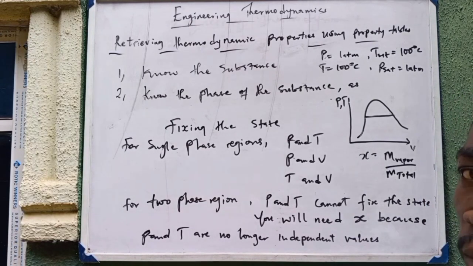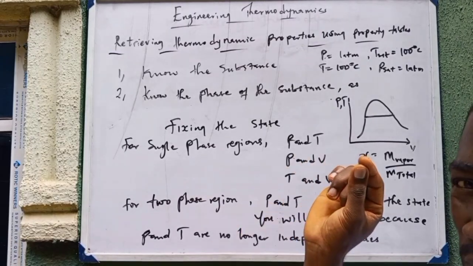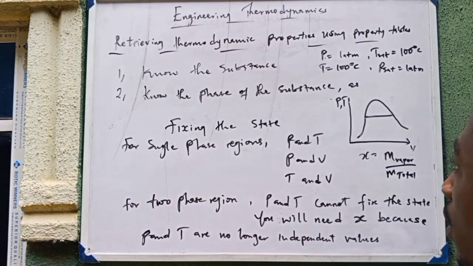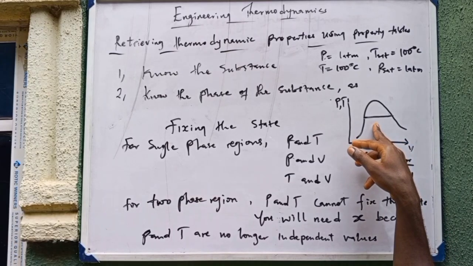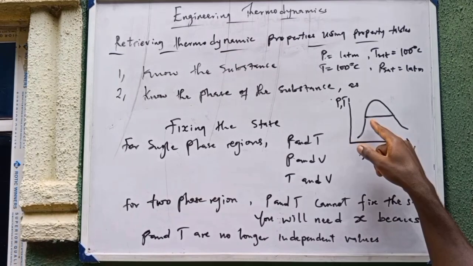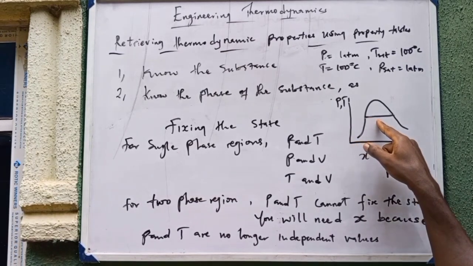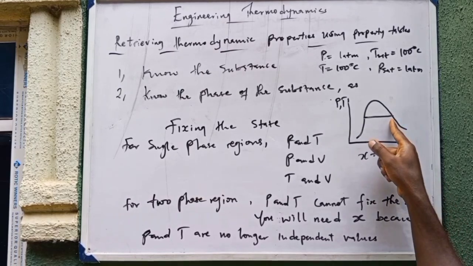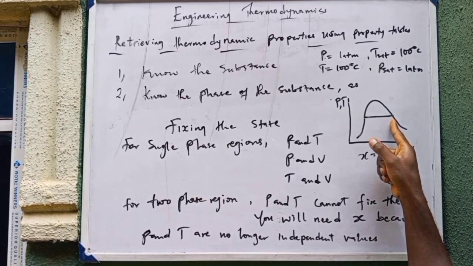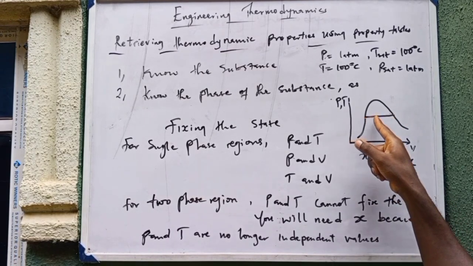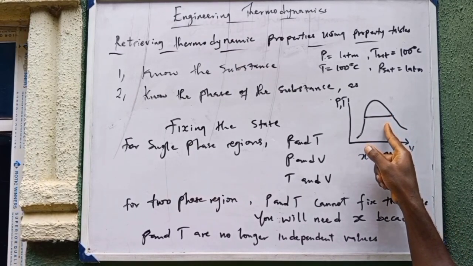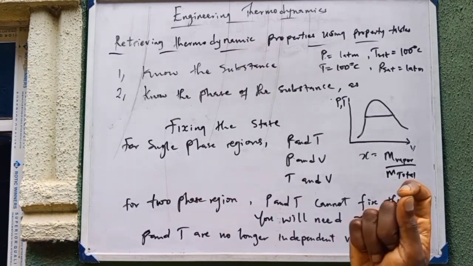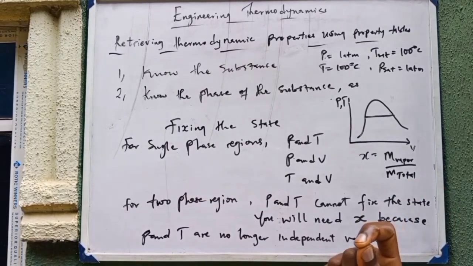That means for every P, there is a particular T. While in the two-phase region, P is constant and T is constant. So in that case, there is no particular point on this line where we can call the state of the system, because on every point on this line we have the same pressure and temperature. And what we are looking for is just a point. That's the state of the system.